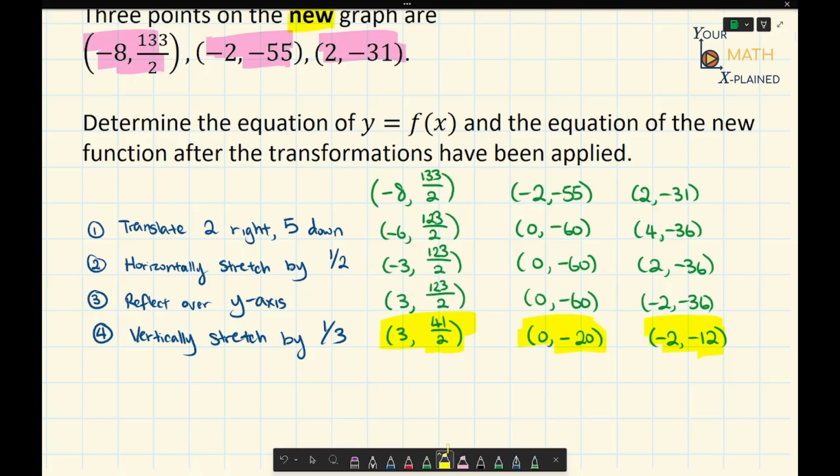So what we're going to do is substitute these 3 points into the original function. How we're going to do that is take the x and the y value, put it into the original function, and then we're going to end up with a system of equations. So let's go ahead and do that.